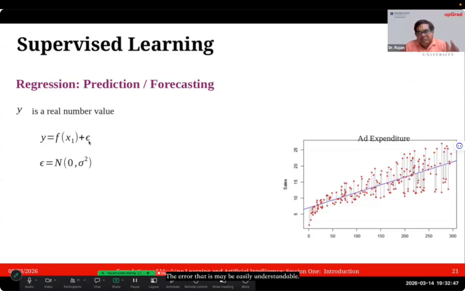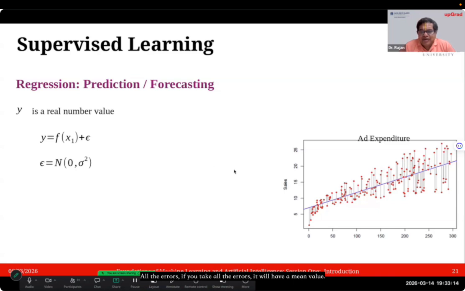Error, that's maybe easily understandable, but normal distribution. What is a normal distribution? You might have heard the term. Some of you might be familiar with the term bell curve. That's what it is. Normal distribution is the jargon for the bell curve. It has a very specific shape, and it has a mean value.